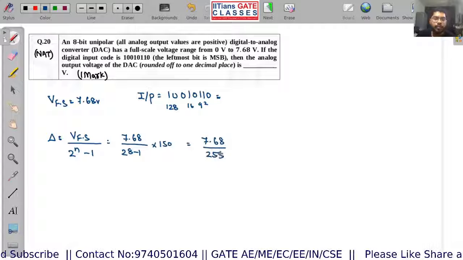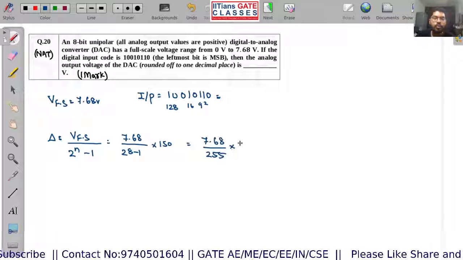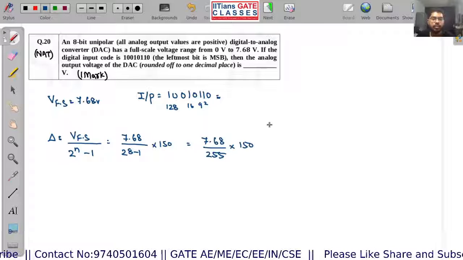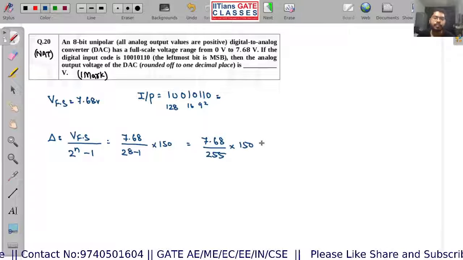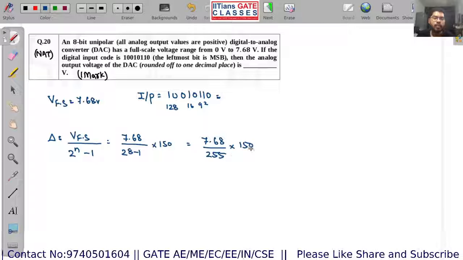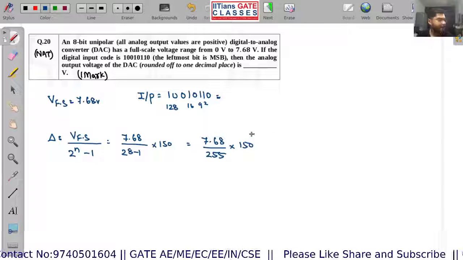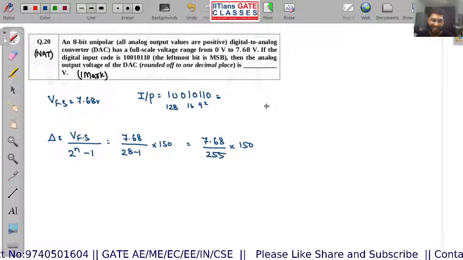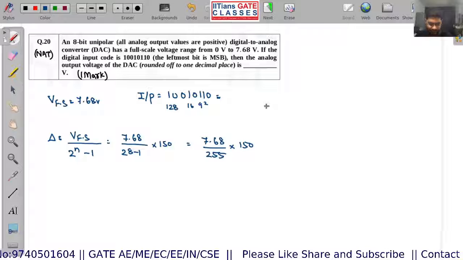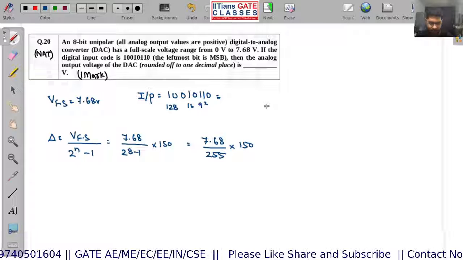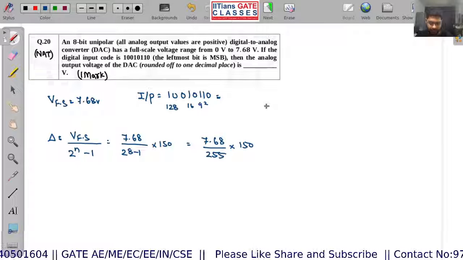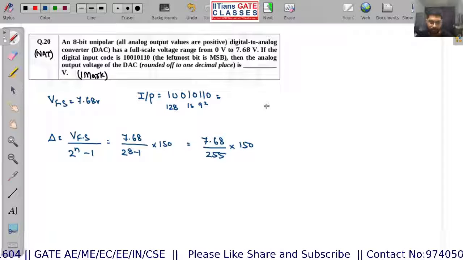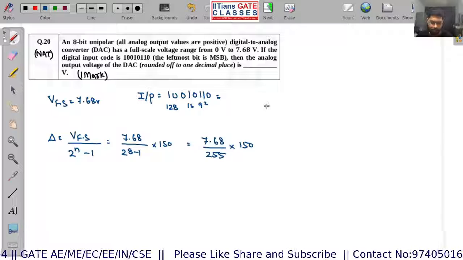Divided by 255 into 150. Okay. So now let me solve this. For this I need my calculator. So this is 7.68 into 255 into 150.